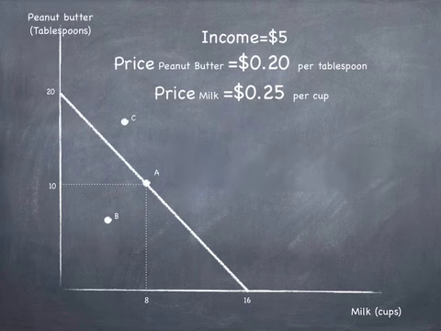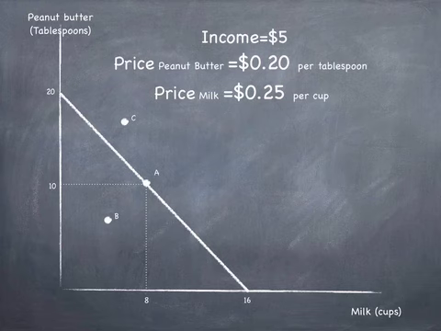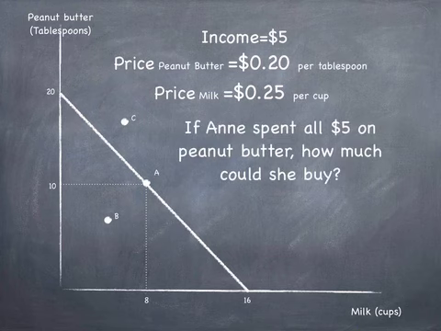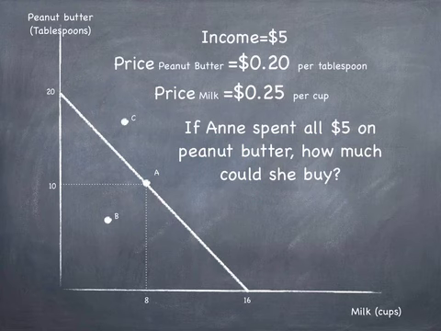Let's suppose that Anne has $5 of income now, and the prices haven't changed. If Anne spent all $5 on peanut butter, how much could she buy? Again, we'll take $5 income and divide it by the price of peanut butter, 20 cents, and we get 25.